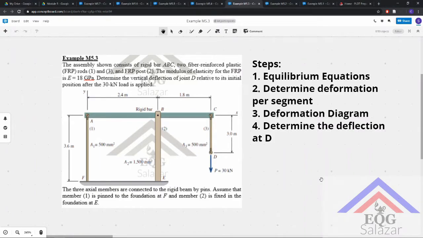So we will start by analyzing the forces in each bar using equilibrium equations, then determine the deformation in each segment, apply those deformations in the deformation diagram, and after that we can determine the deflection of joint D.